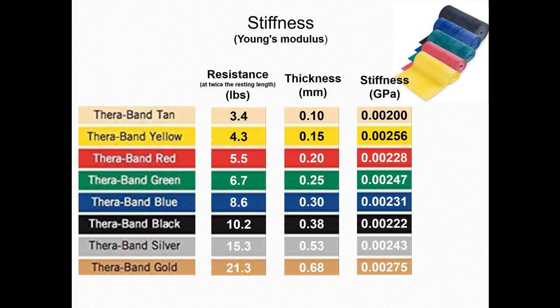The difference is accounted for by the change in cross-sectional area. So when we look at the thickness column, thickness obviously relating to increasing its cross-sectional area, we see that both the thickness and the stiffness are coming together to determine the resistance of that particular TheraBand.